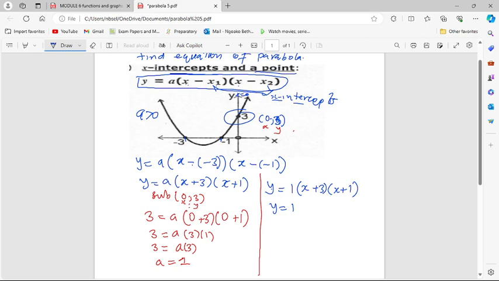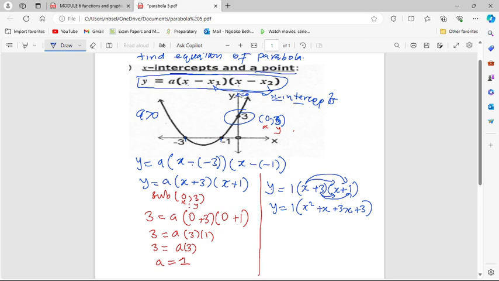Now we start with the brackets, by BODMAS. x multiplied by x gives x squared. x multiplied by positive 1 gives positive x. Positive 3 multiplied by positive x gives plus 3x. Positive 3 multiplied by positive 1 gives positive 3.